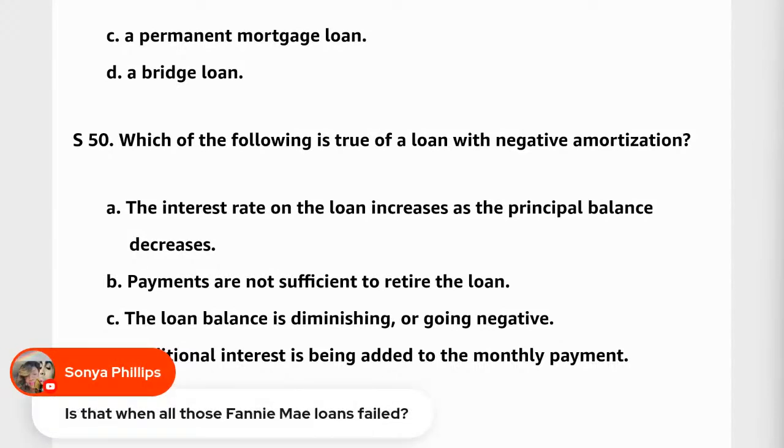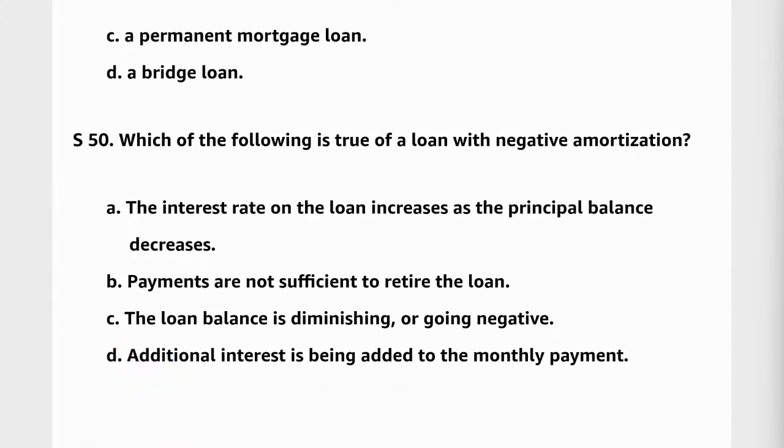And Sonia said, is that when all those Fannie Mae loans failed? Oh, no. Back then, that was because they were called subprime loans, okay? And there was a major company called Countrywide Mortgage, and they loaned a lot of subprime loans, lower interest rate loans or not as good loans, and they actually went bankrupt.